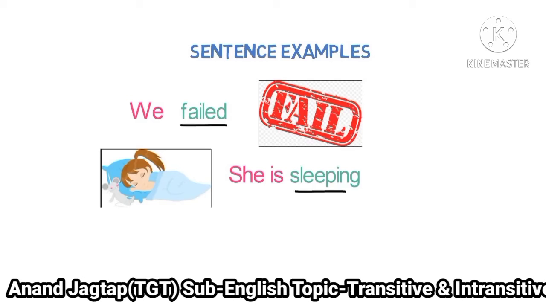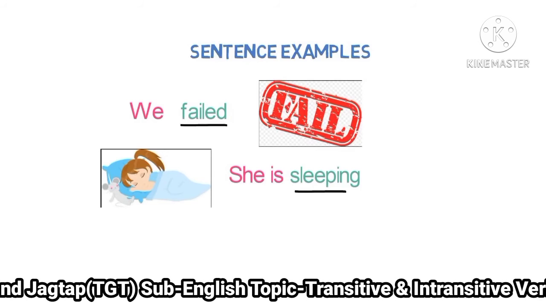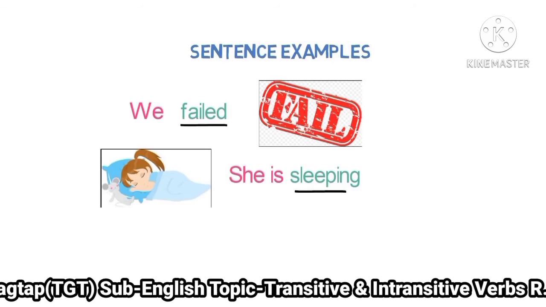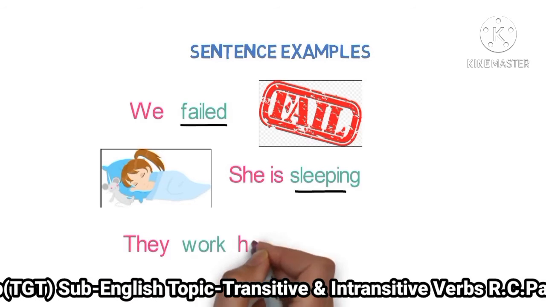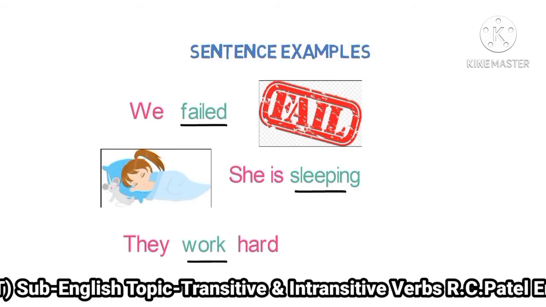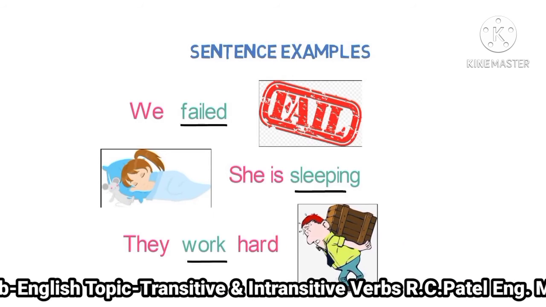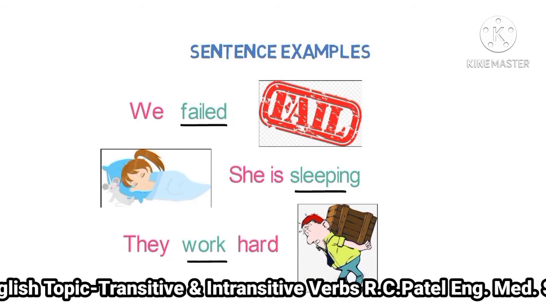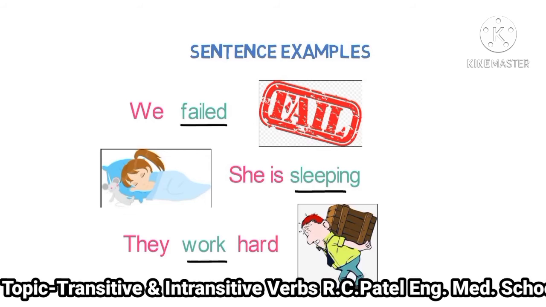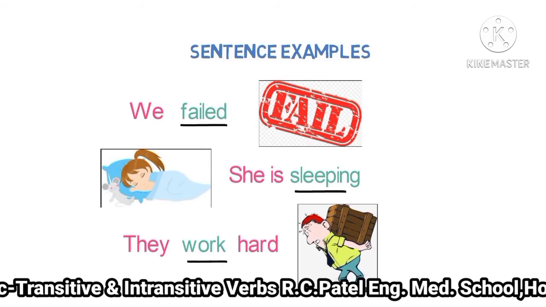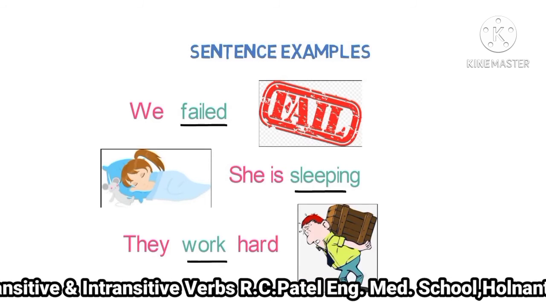In the next example, we'll see, they work hard. Here you can see that hard is not a direct object. So work, it is what? Intransitive verb, because there is no direct object to receive an action.